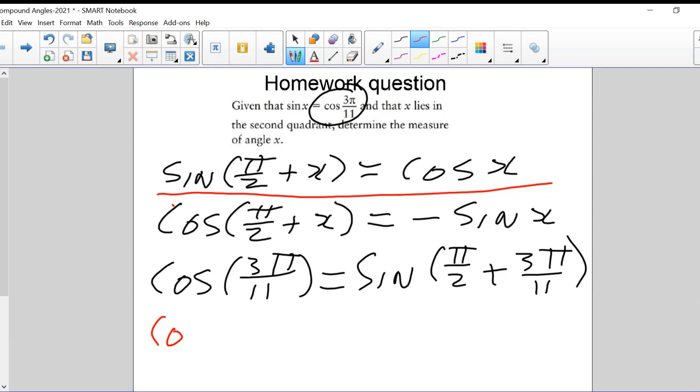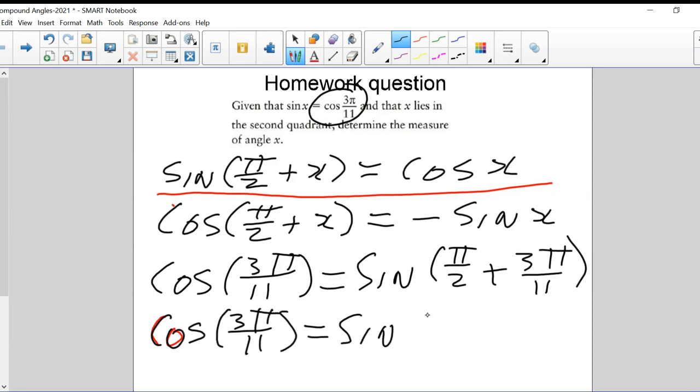Okay, so let's just keep this going here. So that means that the cosine, let me go back to black actually. That means that the cosine of 3 pi over 11 is equal to the sine of, now let me get a common denominator here. And that common denominator would probably be 22. So that would be 2 into 22 is 11 pi plus 6 pi.